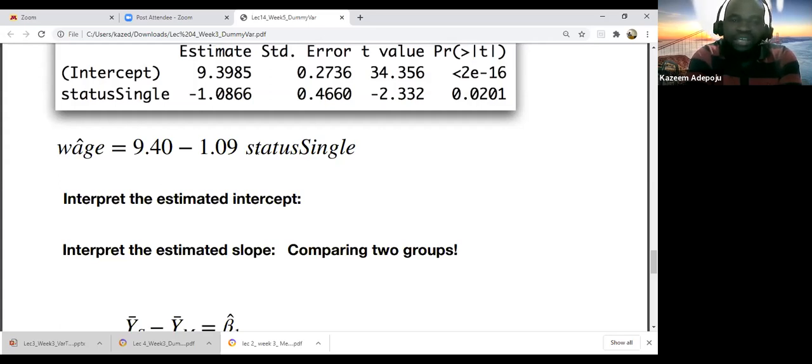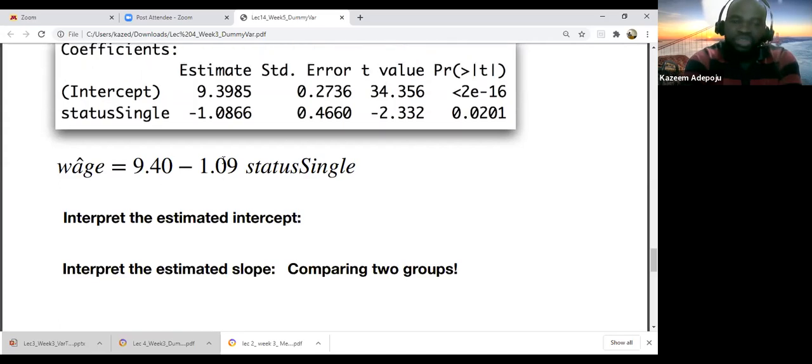If this equals 1, I'm going to have 9.40 minus this, and of course what you are going to have will be less than the wage of married. So using this model, on average, the wage of married will be more than the wage of single.